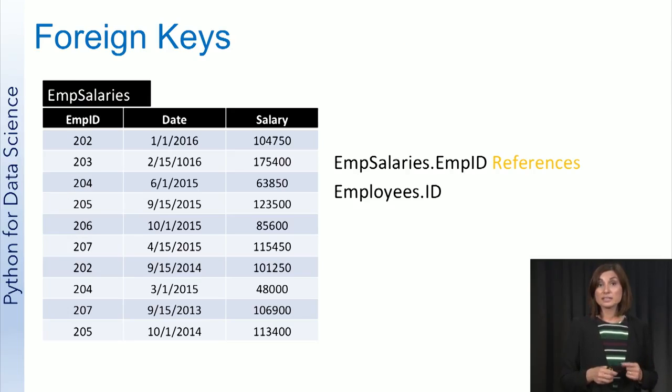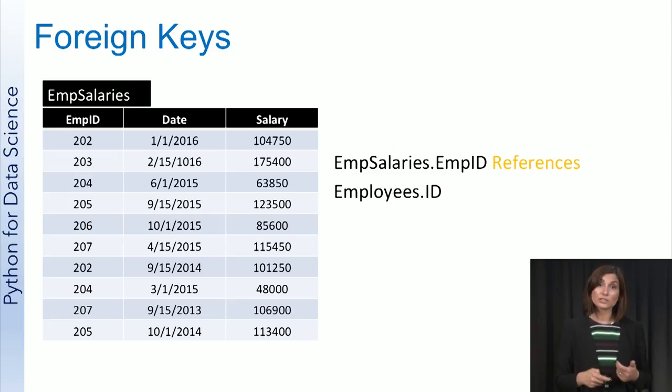This is reflected in the statement made on the right. The term references means the values in this column can exist only if the same values appear in employees, the table being referenced. This table is also called the parent table.